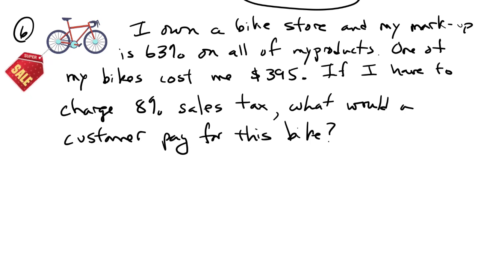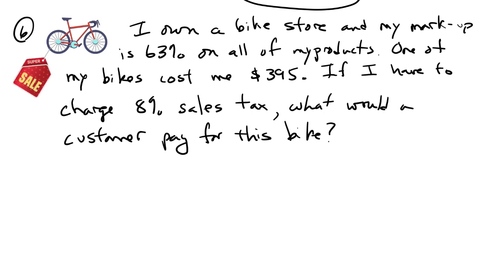I have to buy the bike for $395. I have a 63% markup on all of my products. If somebody comes in and buys that bike, I've got to also charge 8% sales tax.